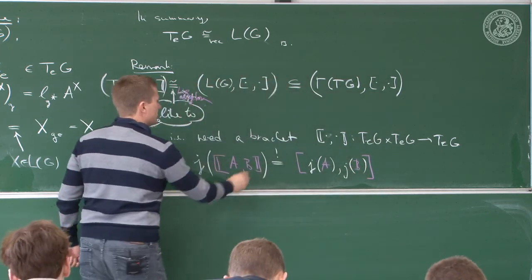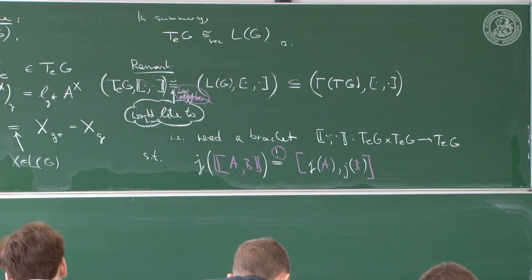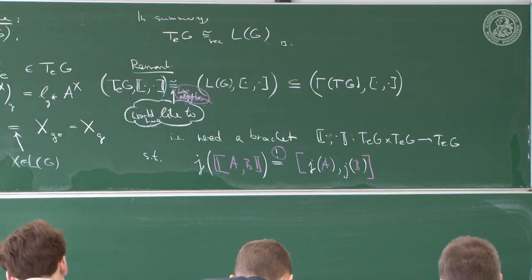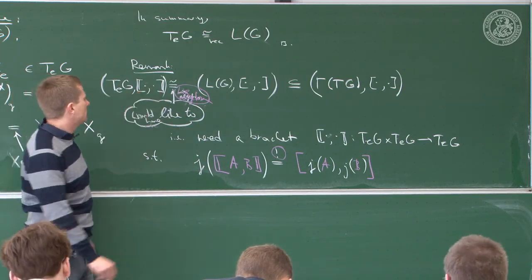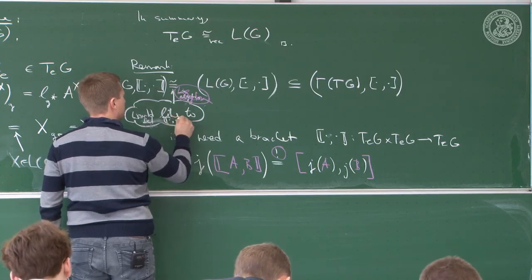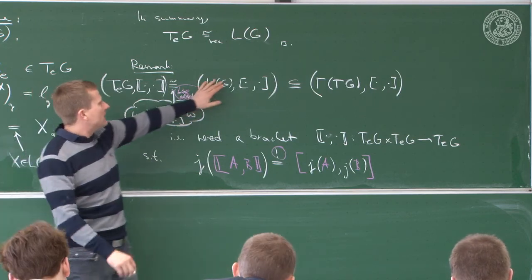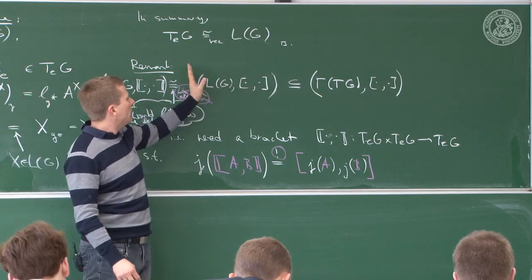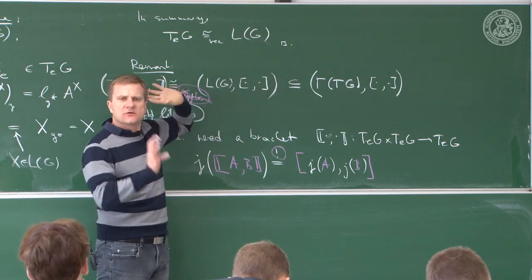We want this because of this structure preservation property. So we would like to define a double bracket on TEG such that this is true, because then we can forget about all this left invariant vector field business and commutator brackets of vector fields.